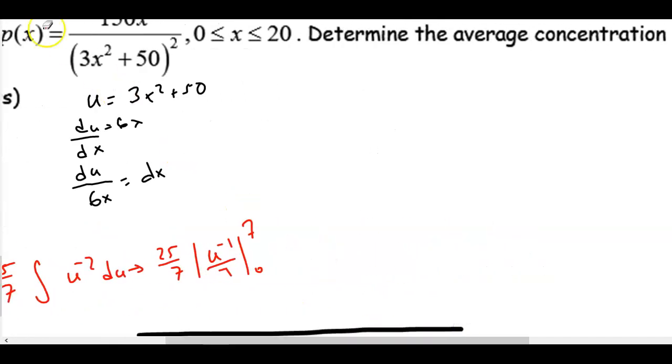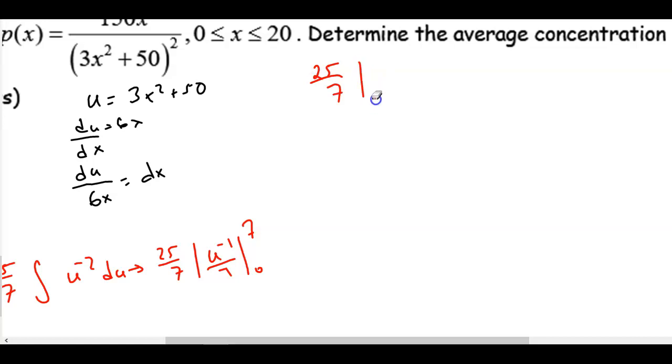Which we can rewrite as 25 over 7. That's a -1. Yeah, that's a -1. So -1 over u, because the u right here needs to go to the bottom to be positive.